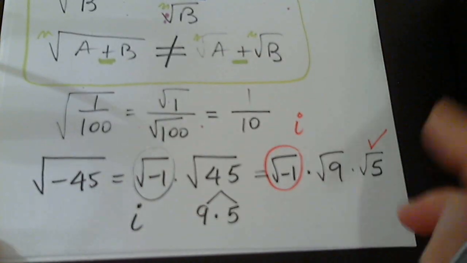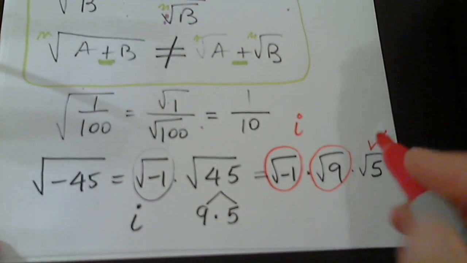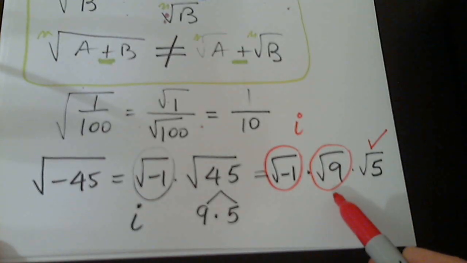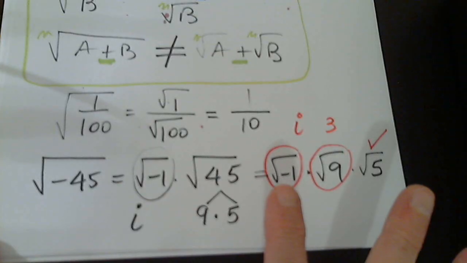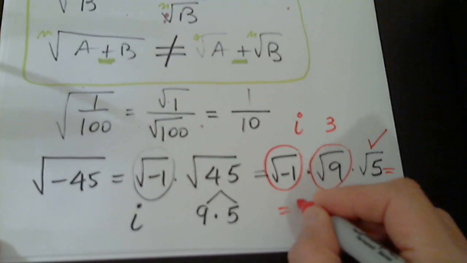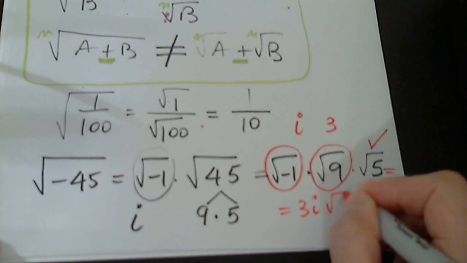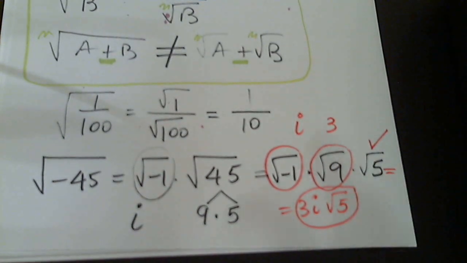I know that this is carved in stone. And I know that this changes into 3. That's it. I cannot write it as is. I have to rearrange it nicely. And I will write 3i the square root of 5.